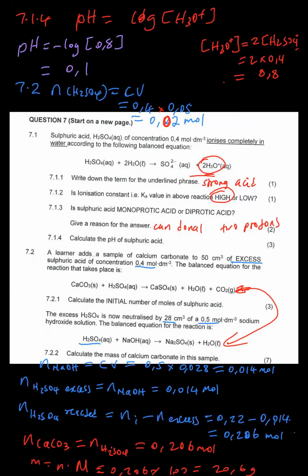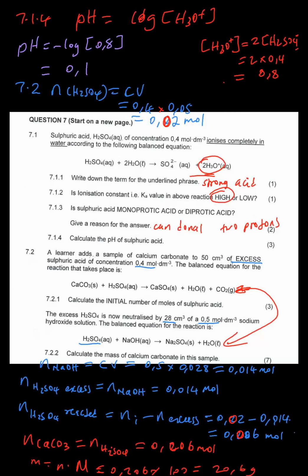Okay. Then if that is 0.02, can you subtract here and give me the answer? 0.02 minus 0.014 is 0.006.